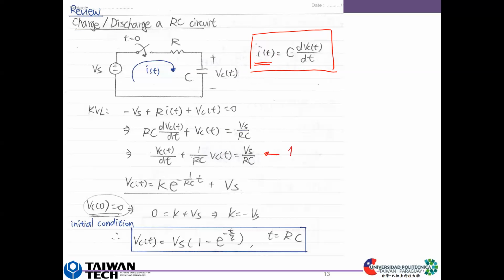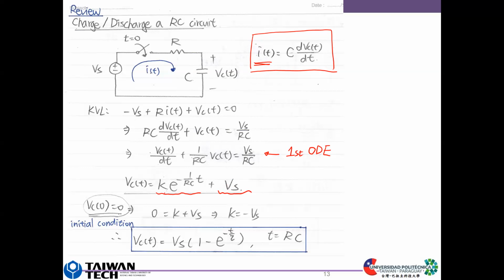This is a first order ODE. The solution includes a general, complementary solution and a specific, it's called particular solution, V_S is the particular solution, and this is the complementary solution.